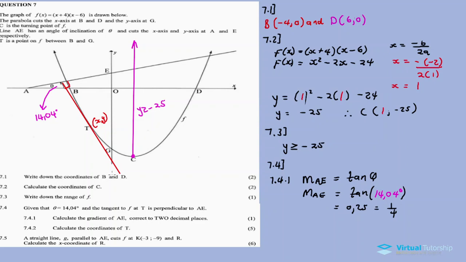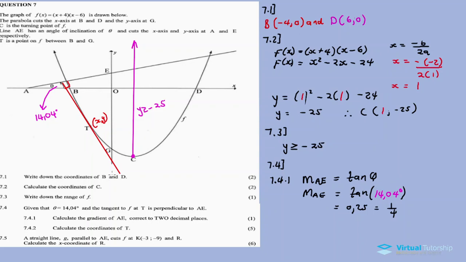I talk about gradients because I need the coordinates of T, and for that I need the gradient of the tangent. Since this line is a tangent to f, the first derivative of f gives us the gradient of the tangent at this point.